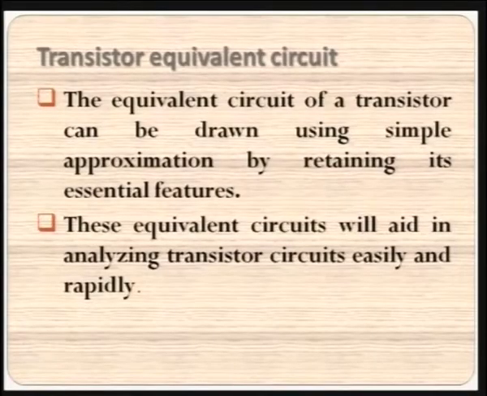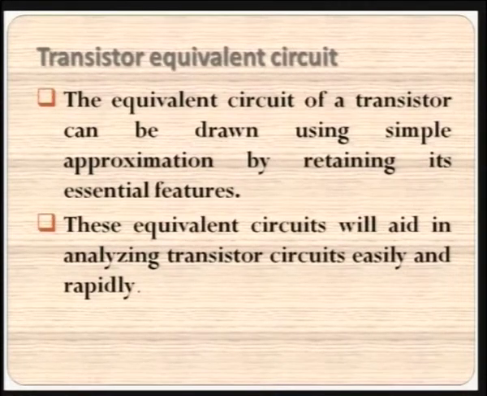So, we are interested in that aspect only. The H parameters are very much helpful in replacing the transistor with the parameters that we have just now learnt. So, let us see how we can draw an equivalent circuit for a transistor.